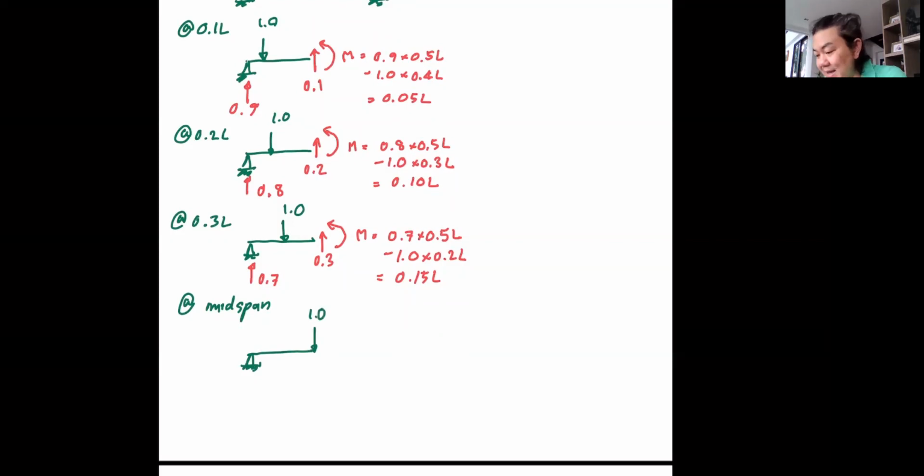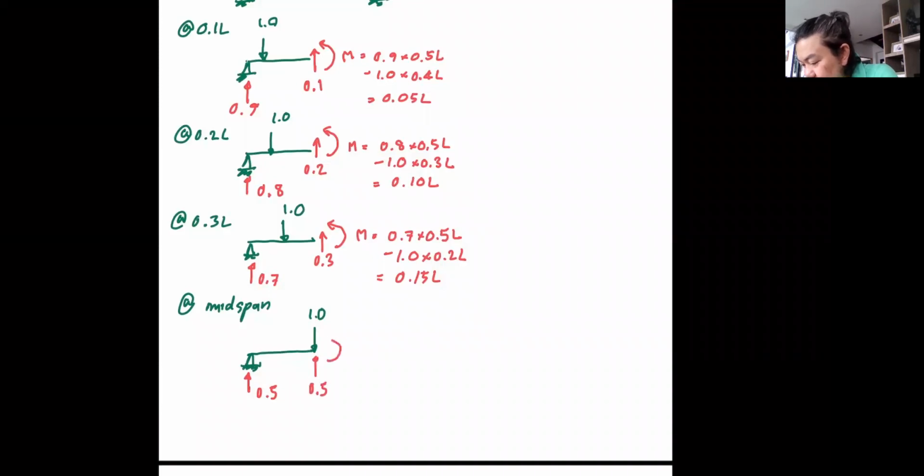Now the shear is right at that location. So now we have 0.5 here, right? At midspan, that's the reaction. This is also 0.5.